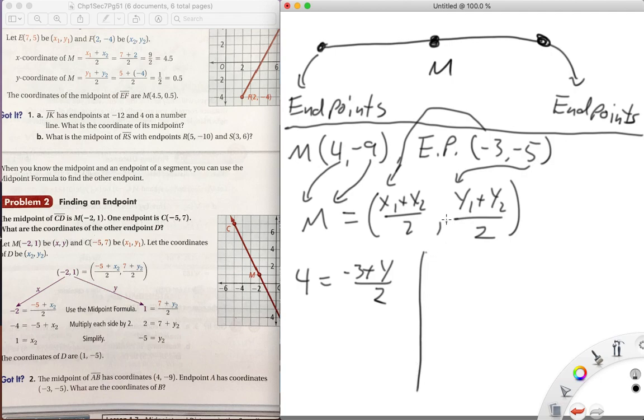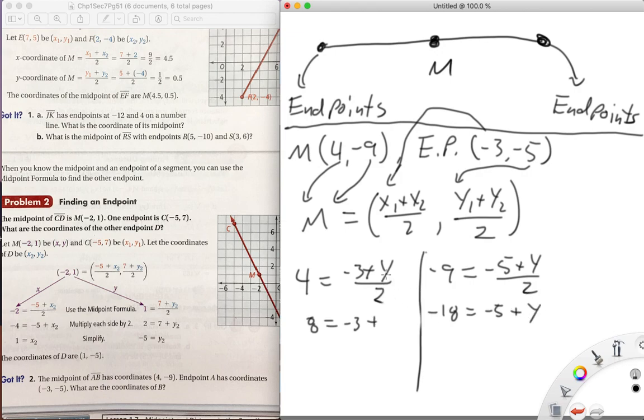For the y midpoint, it's going to be -9 is equal to -5 plus y over 2. I'm going to multiply both sides by 2, so 2 times 4 is 8. 8 equals -3 plus y. 2 times -9 is -18. -18 equals -5 plus y.